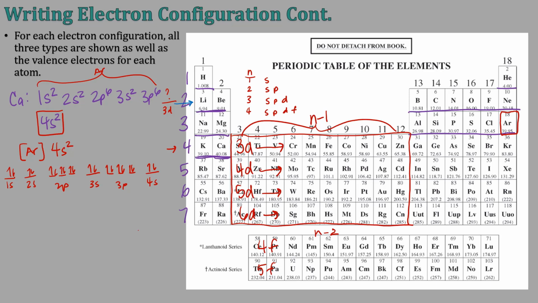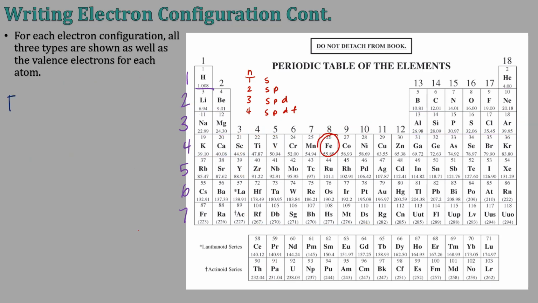All right, so let's look at the electron configuration for iron. We'd start at the very beginning. We have 1s2, and then we have 2s2, 2p6, 3s2, 3p6, 4s2, and 3d6.